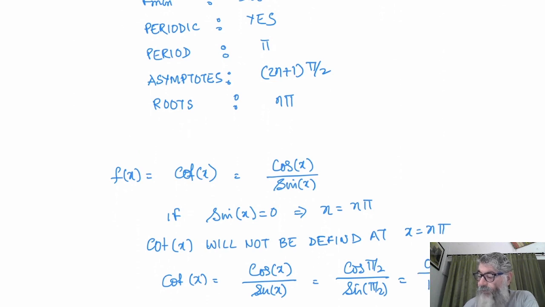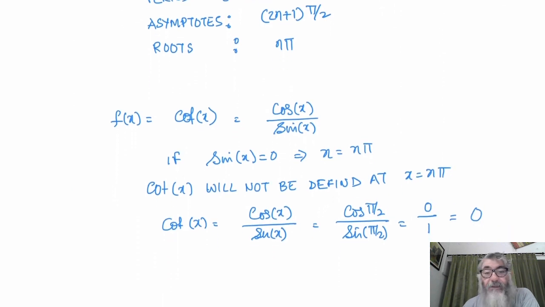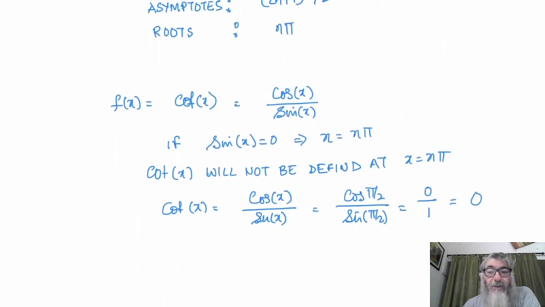So it will be 0. So it is defined here. So cot x is defined there, and cot x is 0.